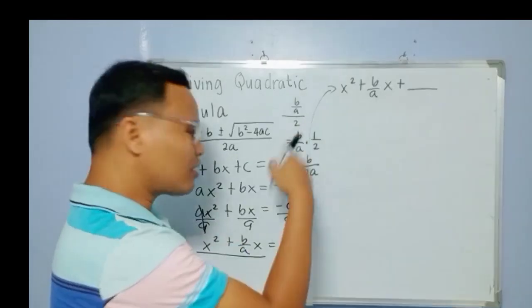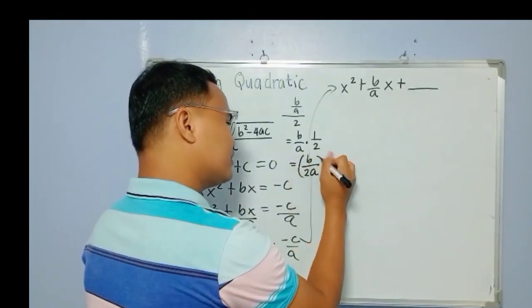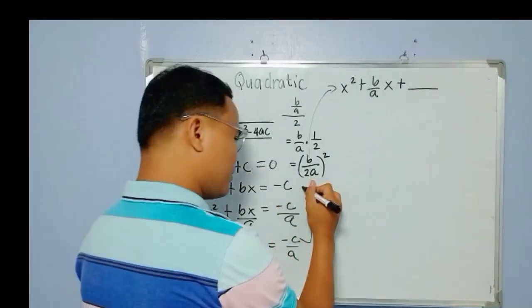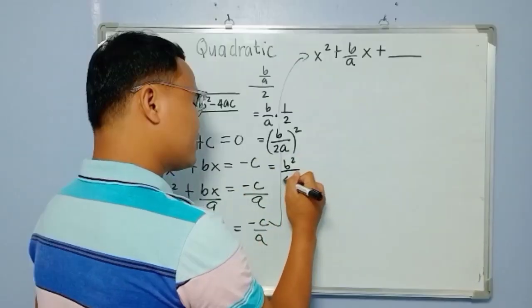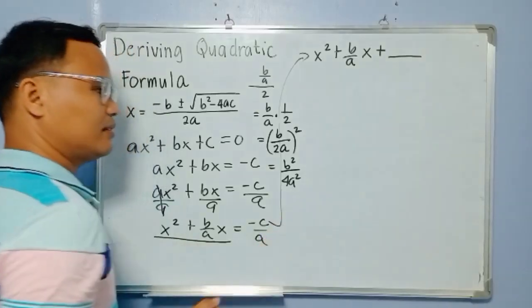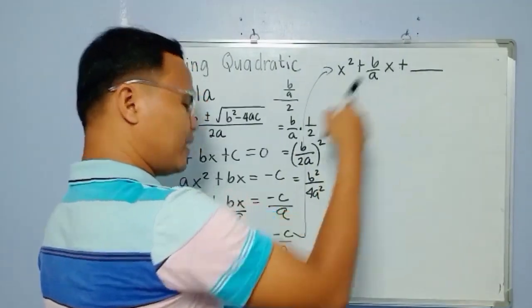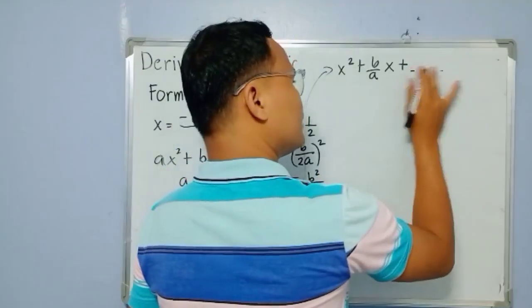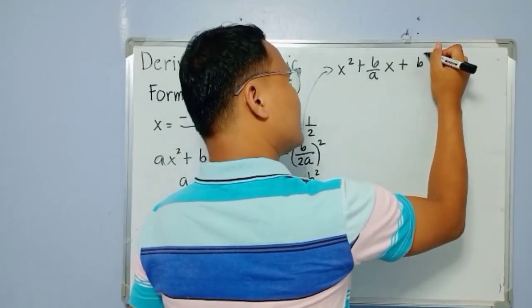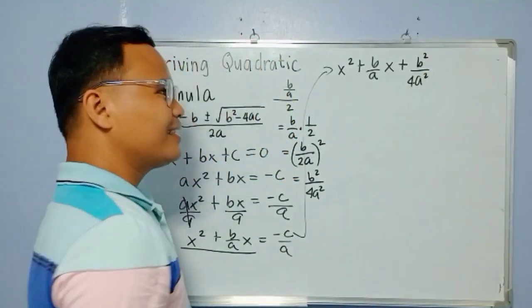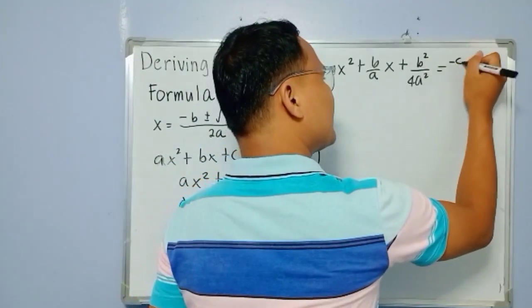Then we are going to square the quotient. Square the quotient. And this will become b squared over 4a squared. This is what we are going to add in this binomial: x squared plus b over a x plus b squared over 4a squared equals negative c over a.